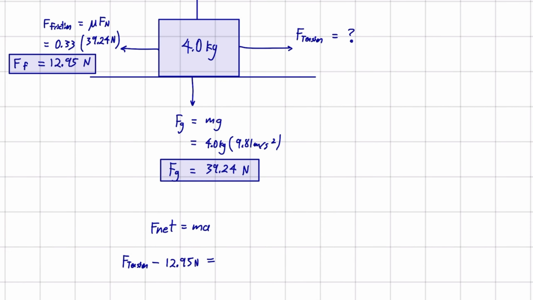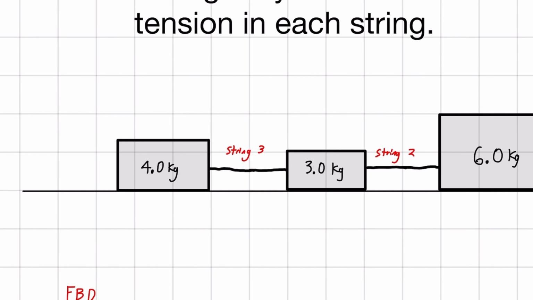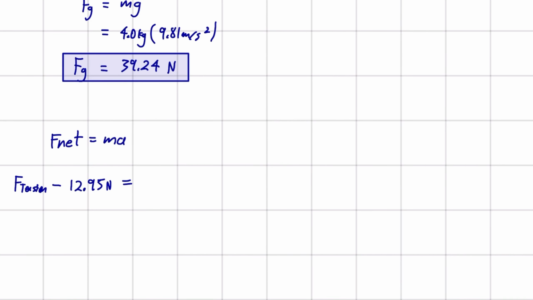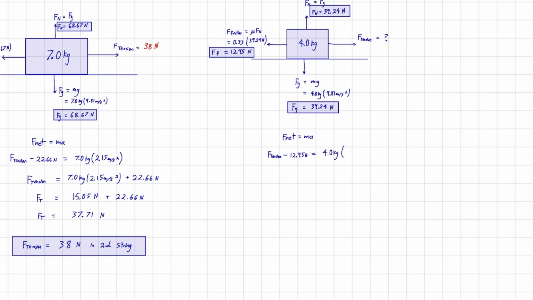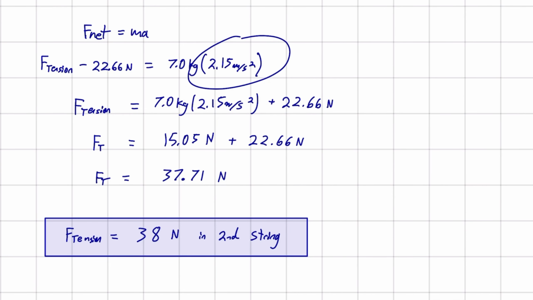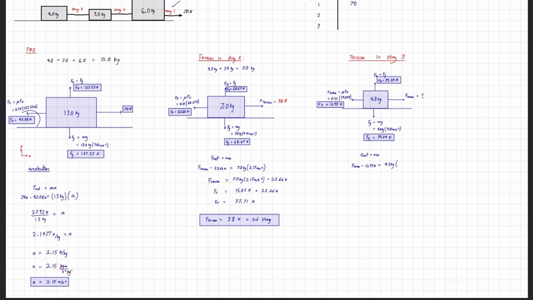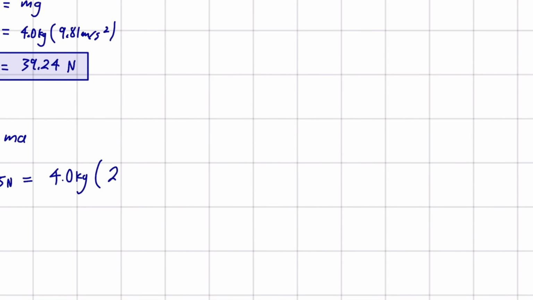Let's look at our mass is 4 kilograms, looking at just this last box. Mass is equal to 4.0 kilograms. And our acceleration, which is the same number as we used in this last step, which is the value that we got over here, 2.15 meters per second squared.